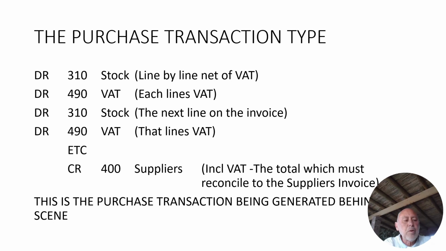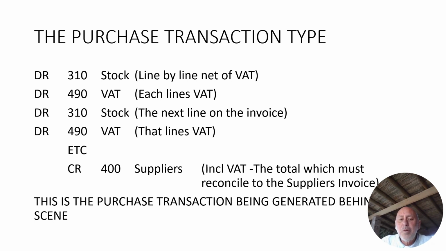Line for line on your computer is you just duplicating it. And so each line is for a stock item. What's the quantity? What's the price of each? What does it add up to? And how much is the VAT for that line? And then you do the next line until you've gone all of the way through this invoice.